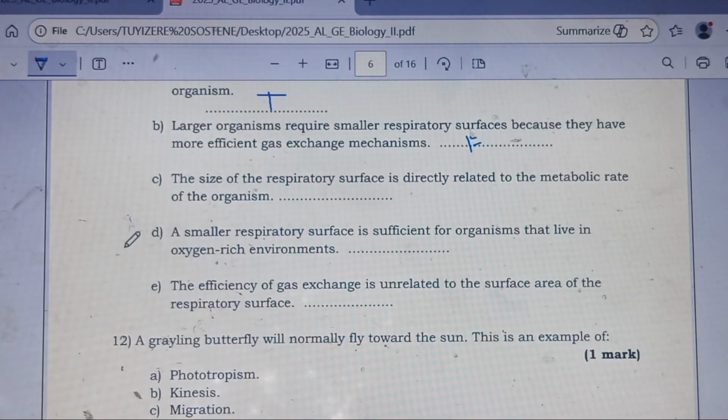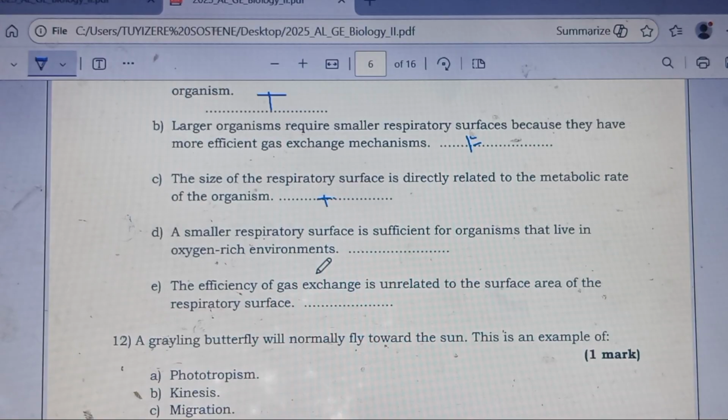C. The size of the respiratory surface is directly related to the metabolic rate of the organism. Here it is true. D. A small respiratory surface is sufficient for organisms that live in oxygen-rich environments.